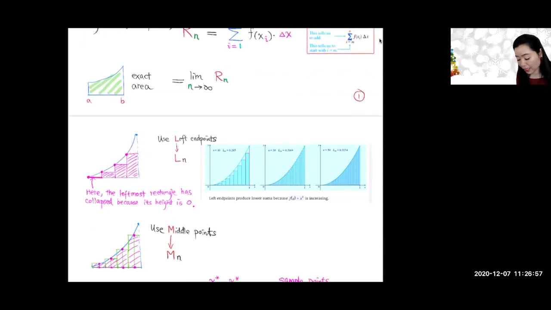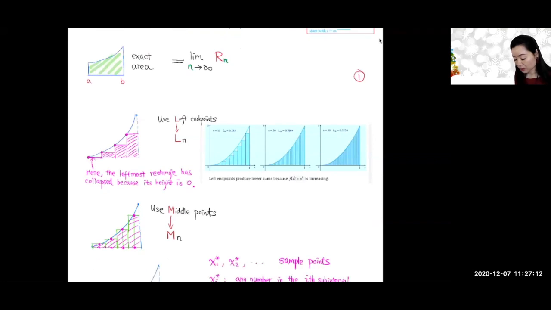Notice that the leftmost rectangle has collapsed because its height is 0, but that's okay, that could happen. As n increases, the area of those n rectangles also gets closer and closer to the exact area under the curve.